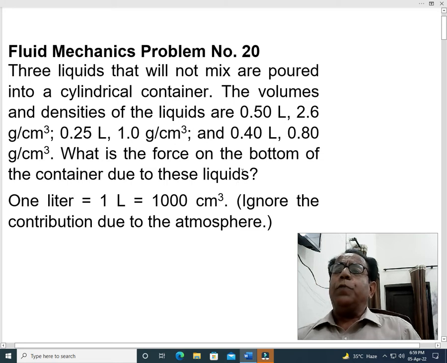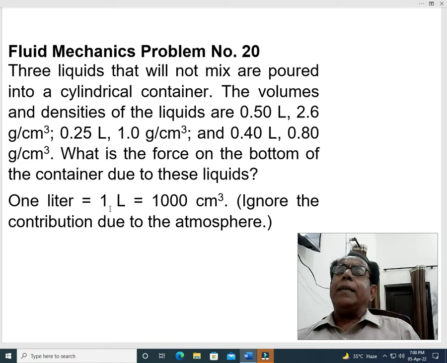Moreover, it is given as a hint or as a conversion factor that 1 liter equal to 1000 centimeter cube. Ignore the contribution due to atmosphere. Dear students, this hint is not necessary to be given, because it can be found from table of conversion factors.